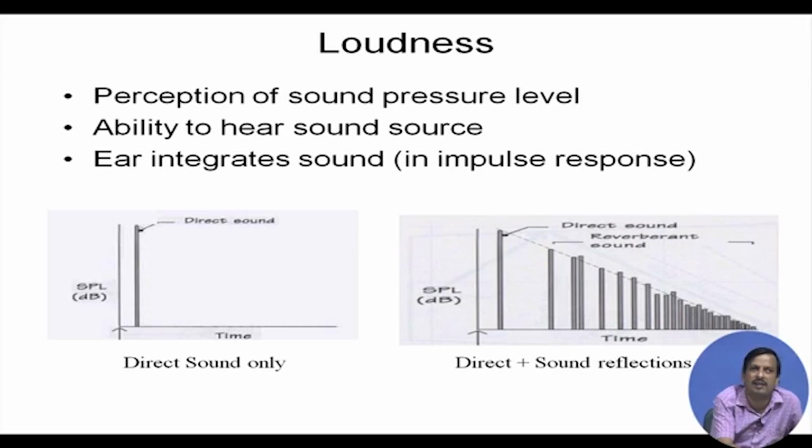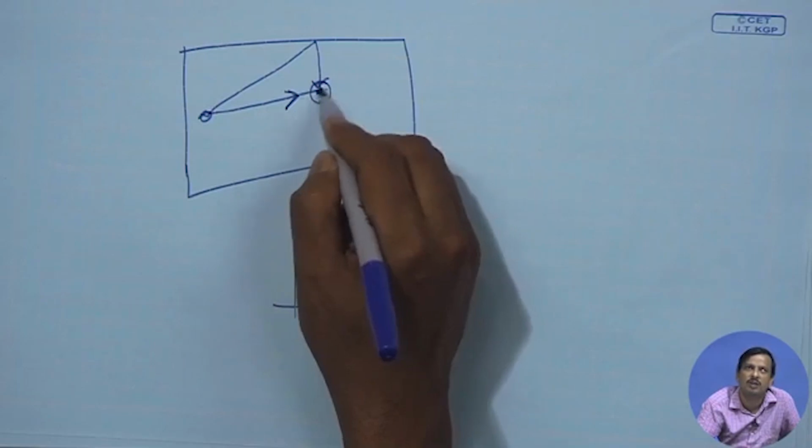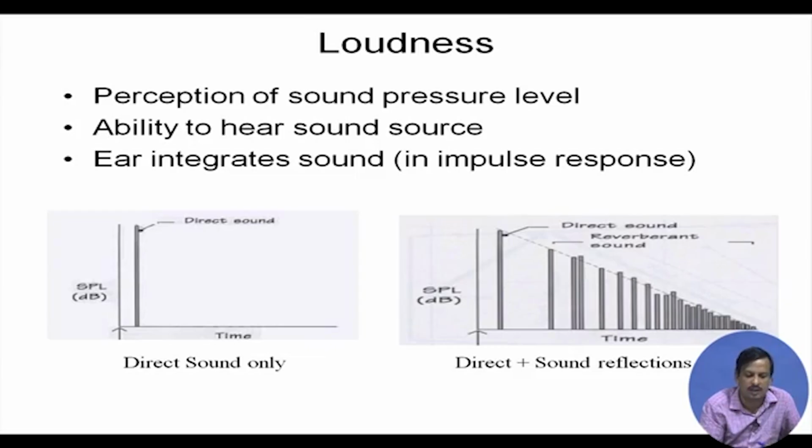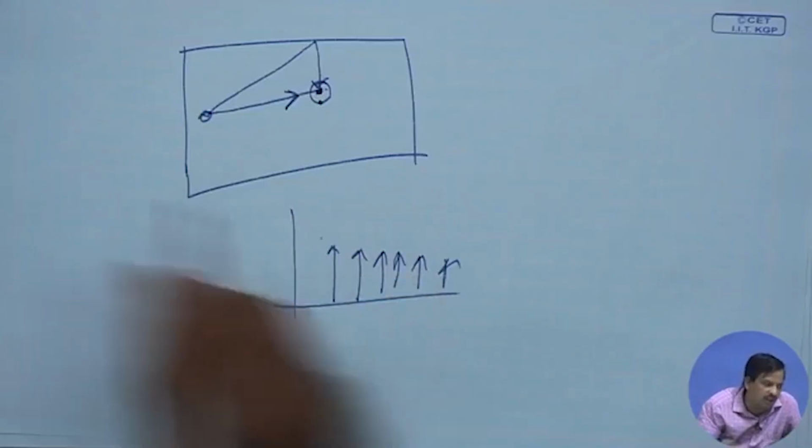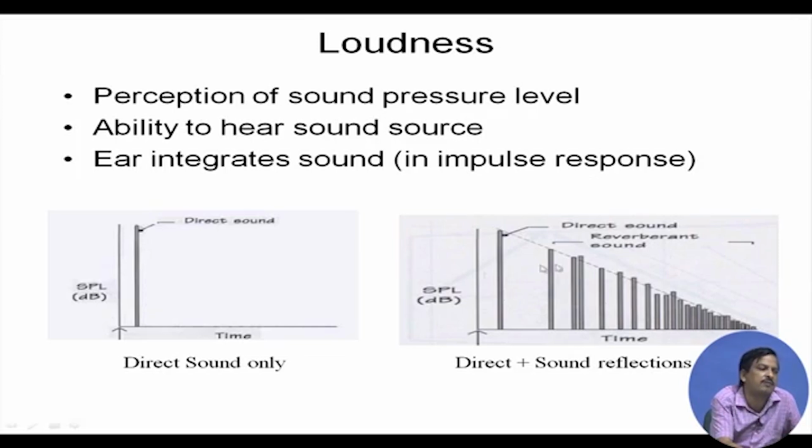If the path is long, the time will be high. If the path is long, the intensity will be less. So, intensity will be decreasing in order, and the number of reflections will contribute to the sound pressure level at this point. Okay. The gap between the direct sound and first reflection is called the initial delay. I will discuss that later. Okay.